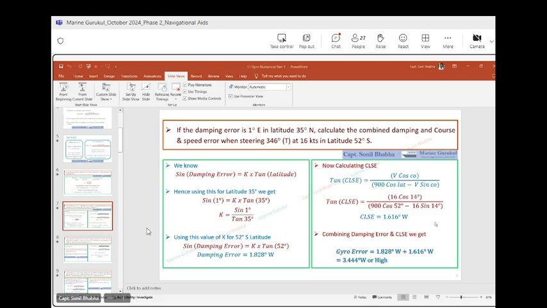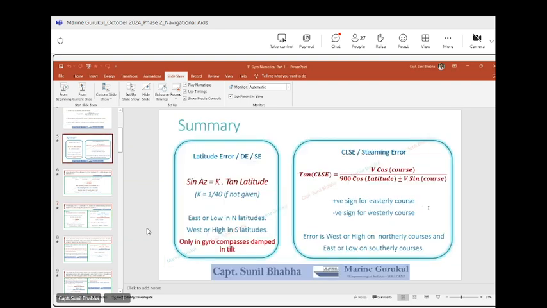Sir, the sign for CLSE: for south we took it east and for north we took it west. Right. Yes sir, what will we take for 270 and 090? For east or for west? Beta, east or 270 west? Course 090, course 270.